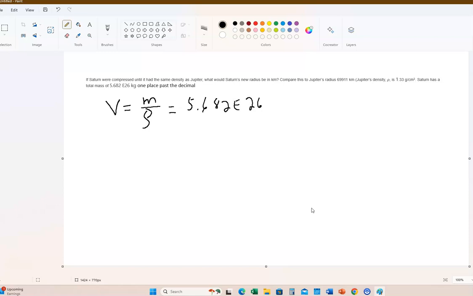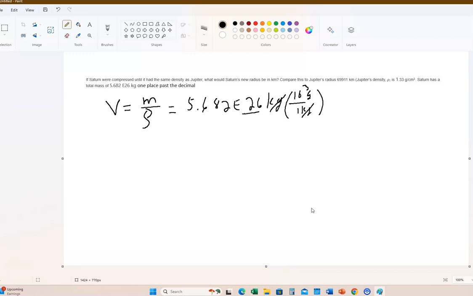That's kilograms, so let's change it right away. There are 10 to the third grams in 1 kilogram, so we have to change this to grams. All that does is this 10 to the 26 times 10 to the third becomes 10 to the 29th.